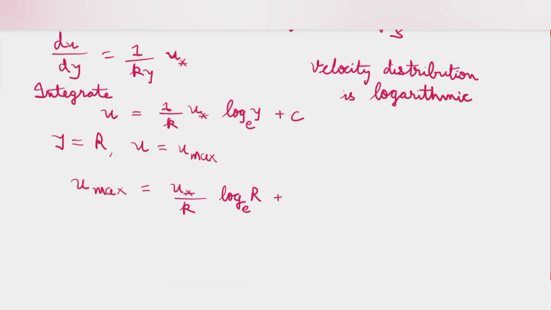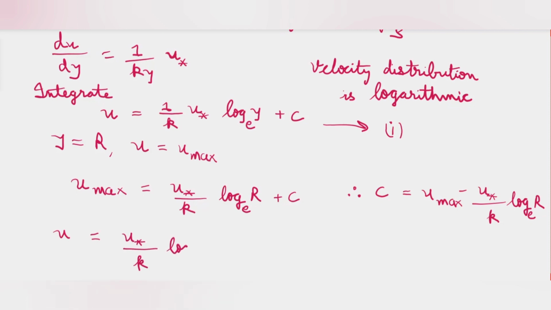Writing it in terms of c, we get c equal to u max minus u star by k log r to the base e. This is my first equation. Putting the value of c, we get u is equal to u star by k log y to the base e plus u max minus u star by k log r to the base e.